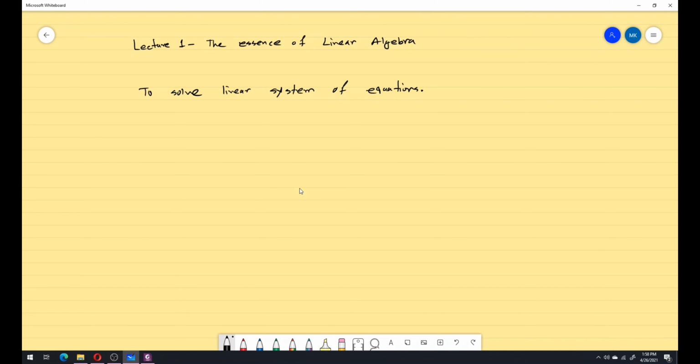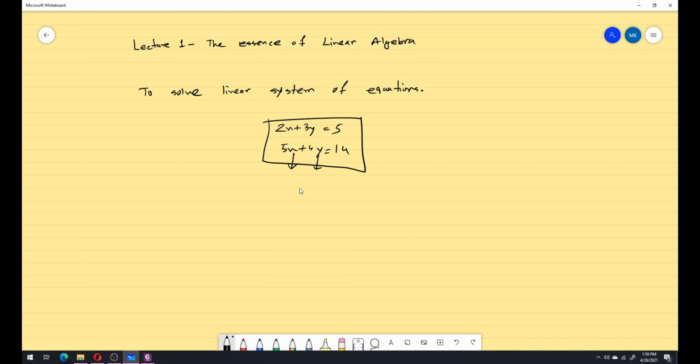You know about linear equations, right? Let's say you have a linear system of equations like 2x plus 3y equals 5, 5x plus 4y equals, let's say, 14. So this is a linear system of equations with two unknowns.